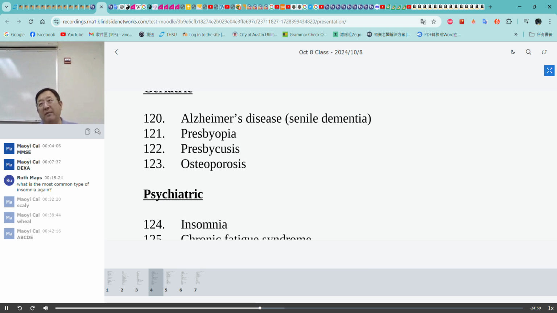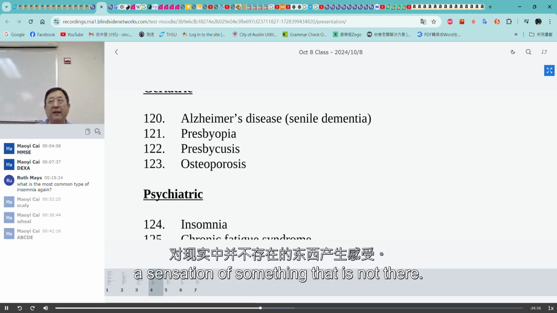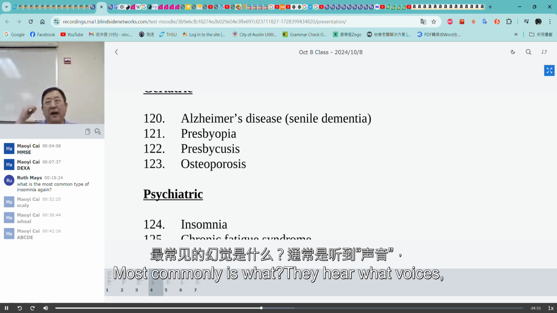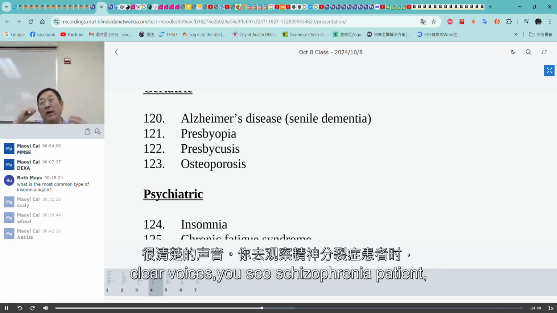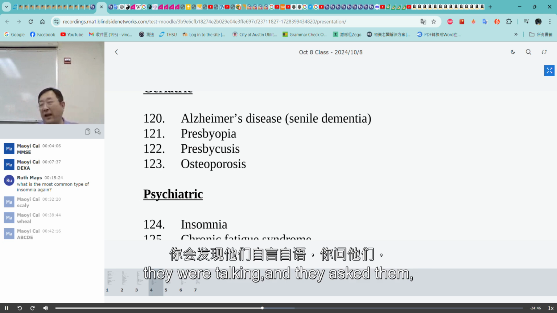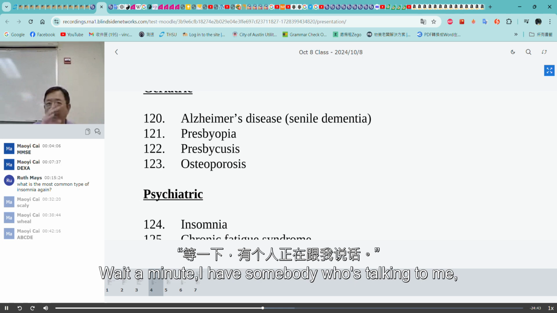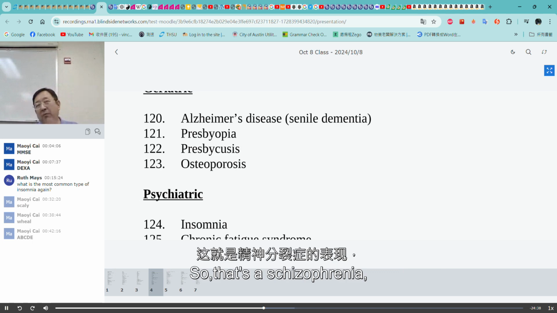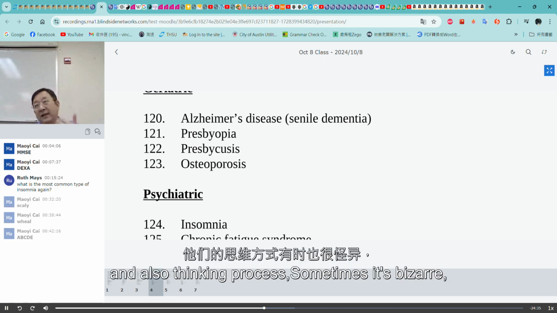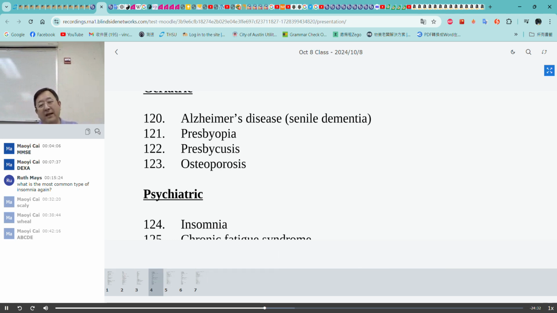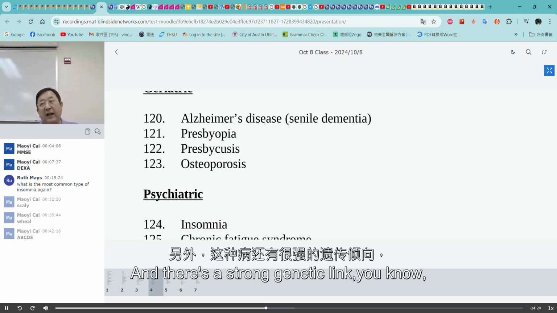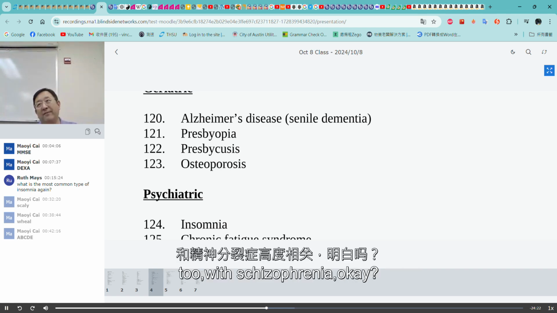Hallucination means a sensation of something that is not there, it's absent, but they feel it. Most commonly they hear voices. You see a schizophrenic patient talking, and you ask who are you talking to? Wait a minute, somebody is talking to me, but you don't see anybody there. Also the thinking process is sometimes bizarre, different from reality. So that's schizophrenia: too much dopamine. You have to remember that. And there's a strong genetic link, too.